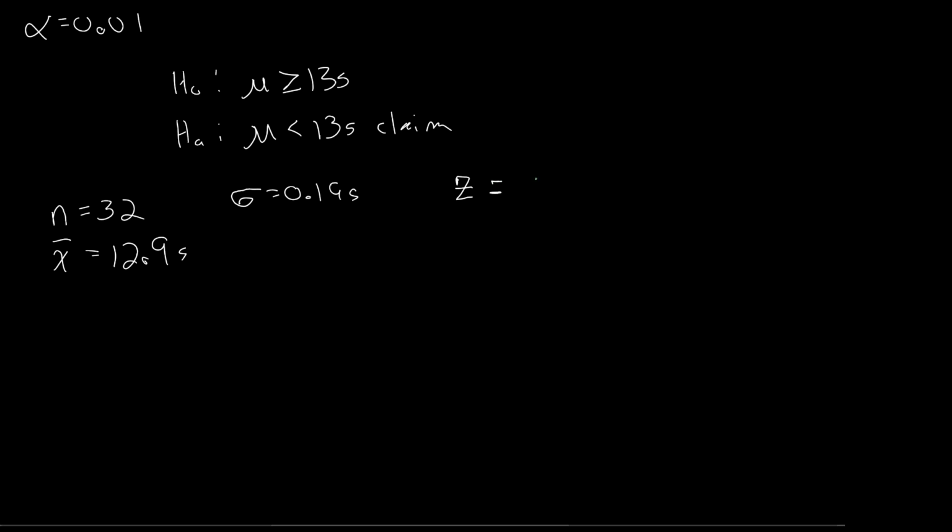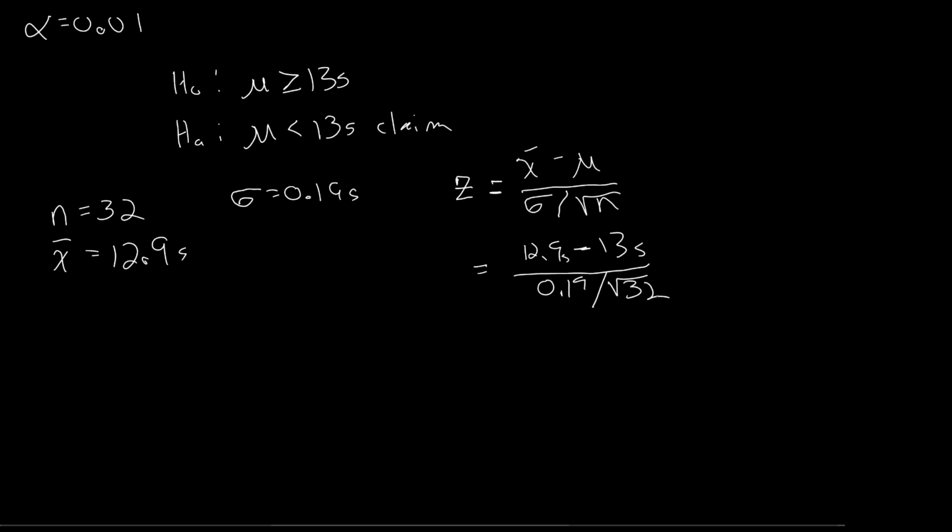So for our test value, it's x bar minus mu over the standard deviation divided by the square root of n, or 12.9 seconds minus 13 seconds over 0.19 seconds divided by the square root of 32.